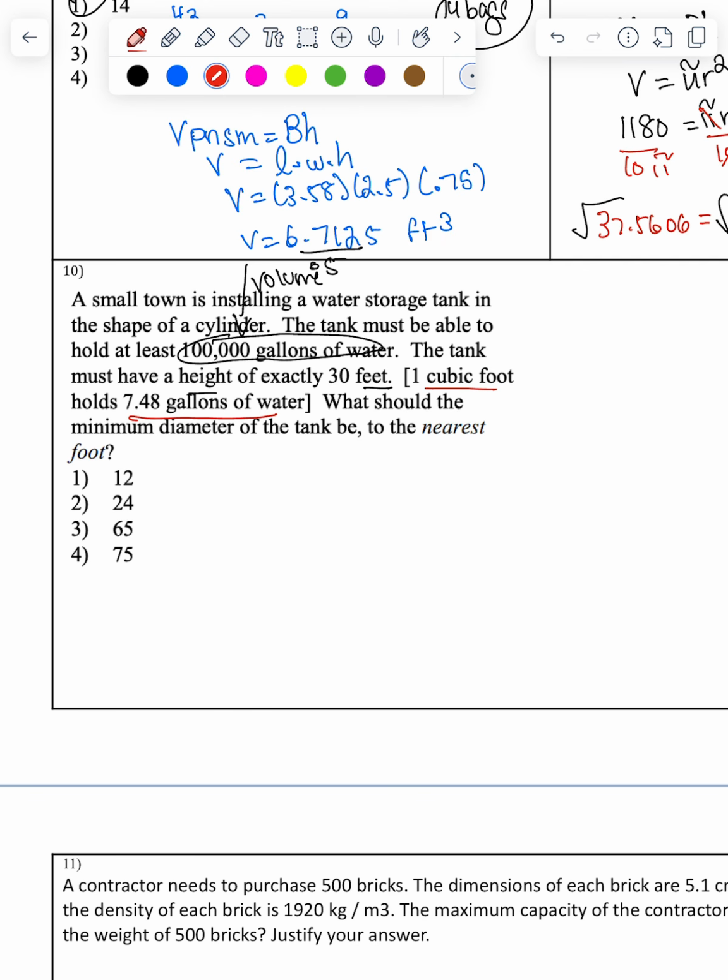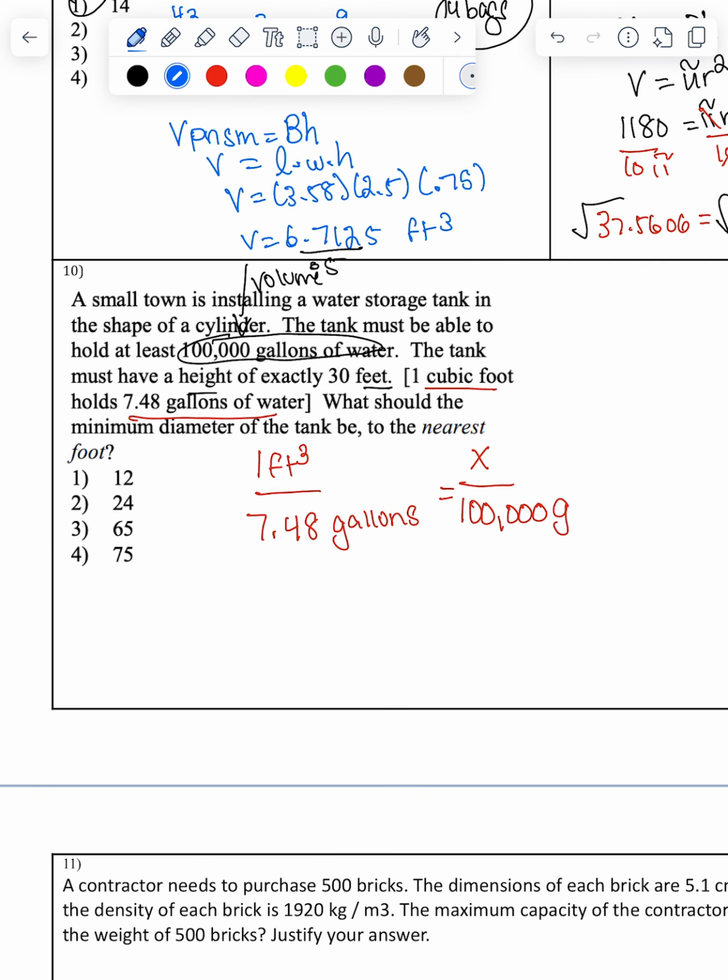So there is 1 cubic foot for every 7.48 gallons of water. So basically, what we're trying to find out is how many cubic feet are going to be in 100,000 gallons of water.